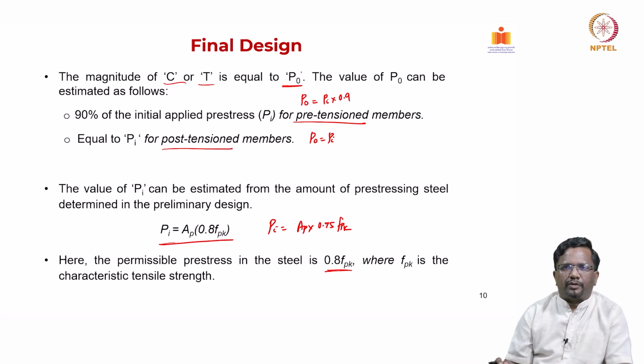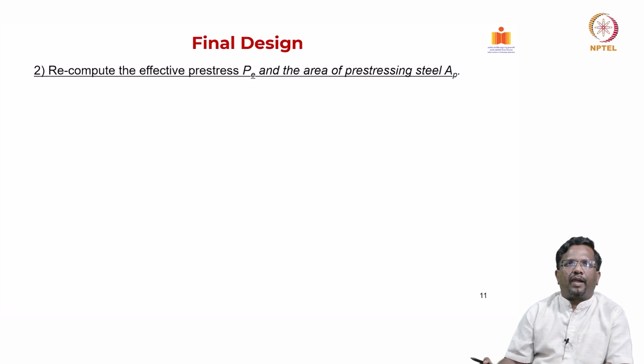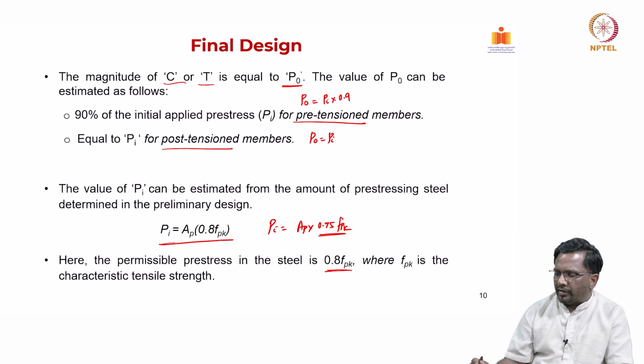There is no hard and fast rule, but you cannot typically exceed 80% of your characteristic strength. So now we got your eccentricity and the pre-stressing force Pi.